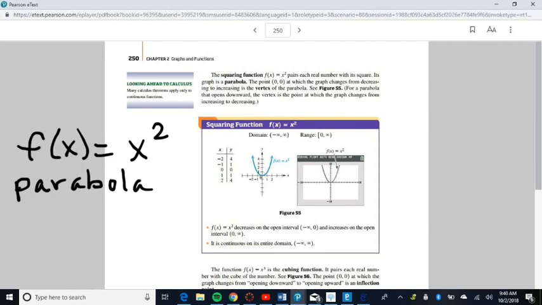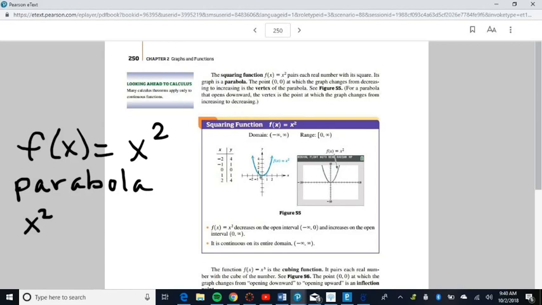And that's simply that U shape. And the U shape can be anywhere on the graph, depending on the function that you're given. You can have things added to, subtracted from, and we'll look at some of that later. But if it's an x squared, then it's always going to be a parabola, or that U shape. And it can either open up or down.